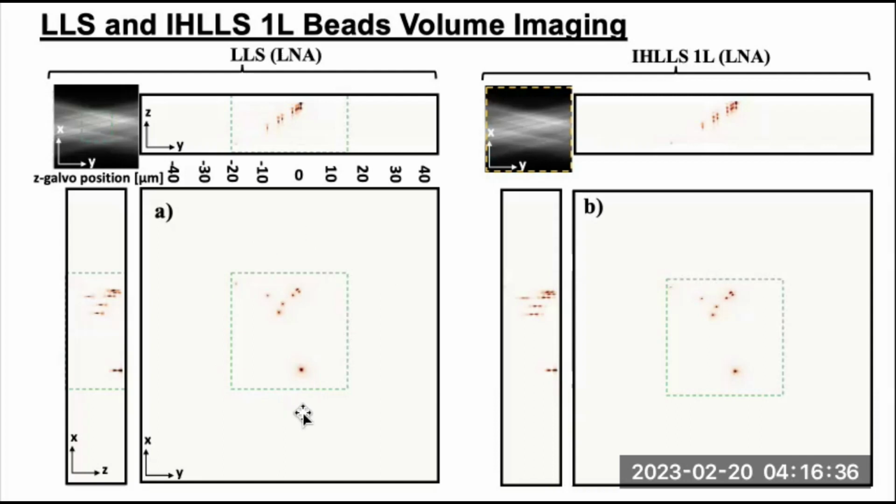We noticed that the beads outside of the 78 by 78 micrometer squared area, green square here, for lower numerical aperture cannot be detected. For the higher numerical aperture case, this area is at best 52 by 52 micrometers squared.